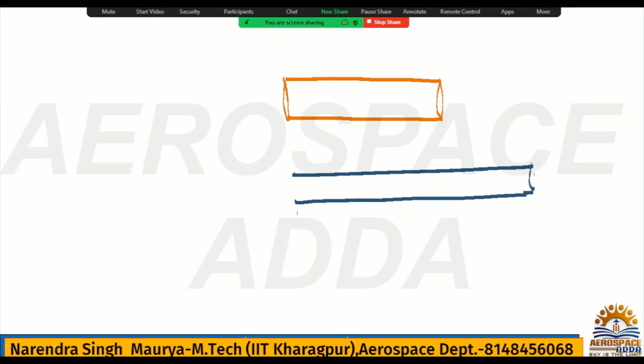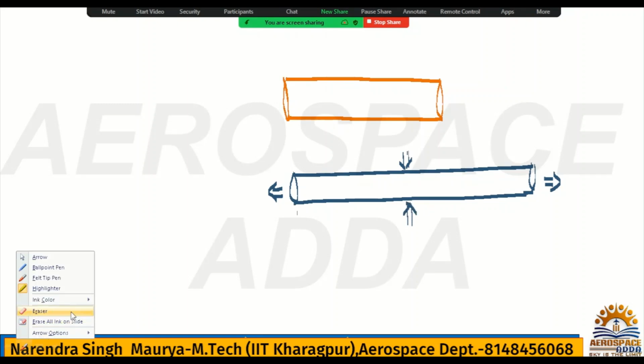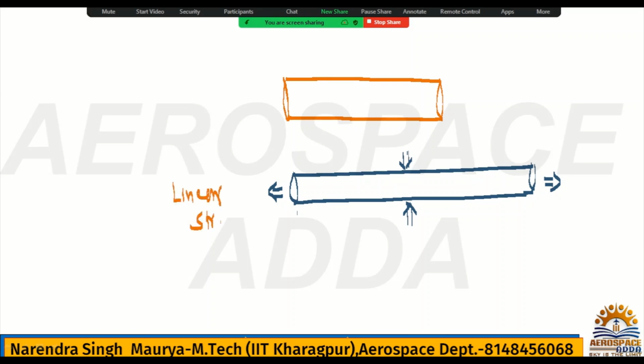In this direction where the length is increased, we have linear strain, and on this side and this side, we have lateral strain.